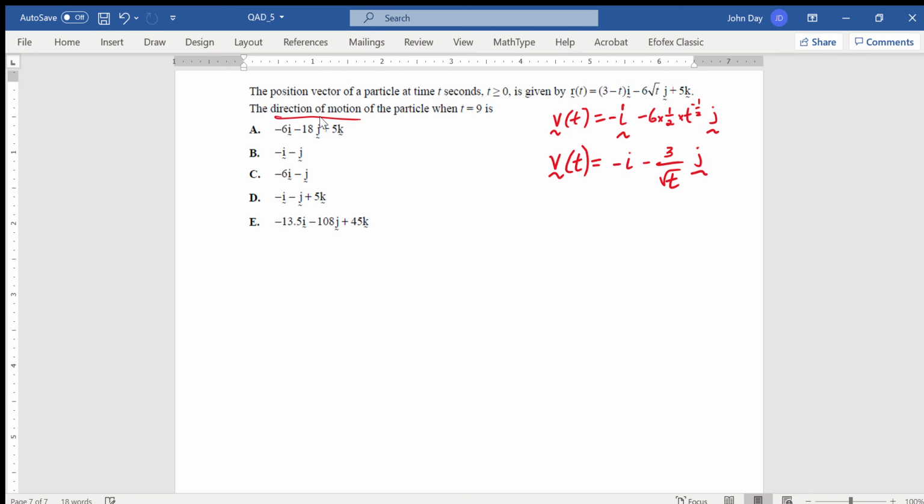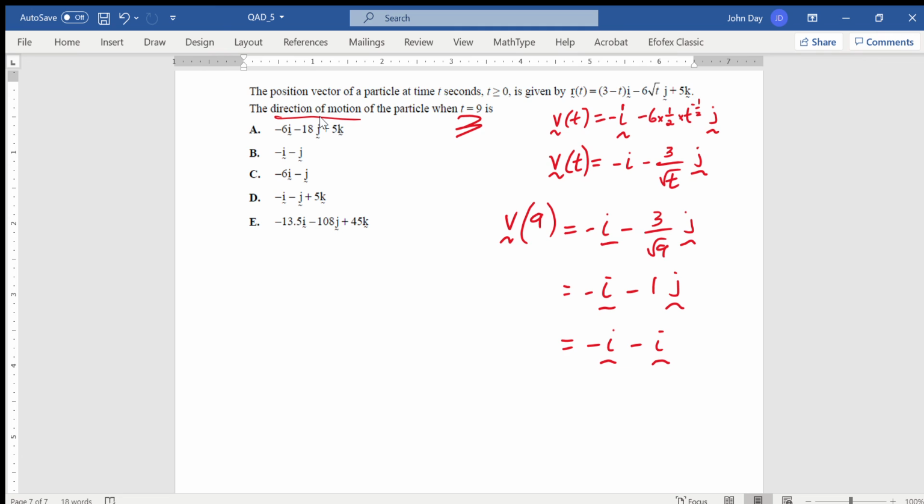And they're saying at 9. So v of 9 is minus i minus 3 on root 9 j. Minus i minus 3 on 3, minus 1 j. Yeah, so it's just minus i minus j. B is the correct answer there. Oh, whoopsies, I didn't write j, I wrote i.